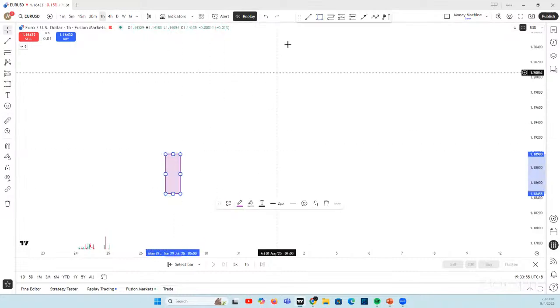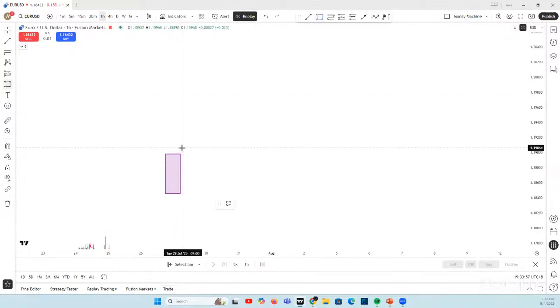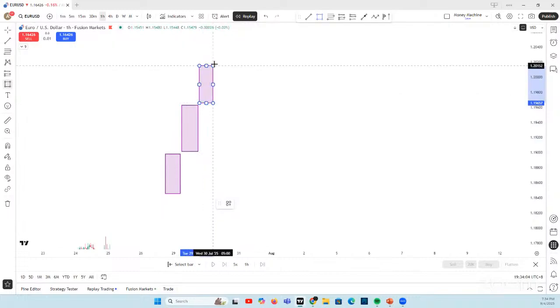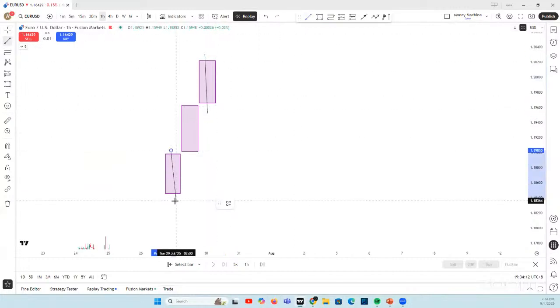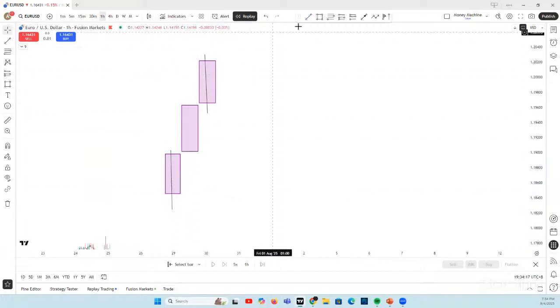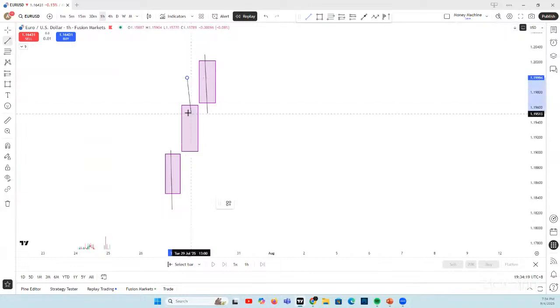Three candle formation, and then here a candle there, but the wicks are not touching, right? For example, this one. Maybe this one has a longer wick, but it could be anywhere, just like this. Where is the imbalance?